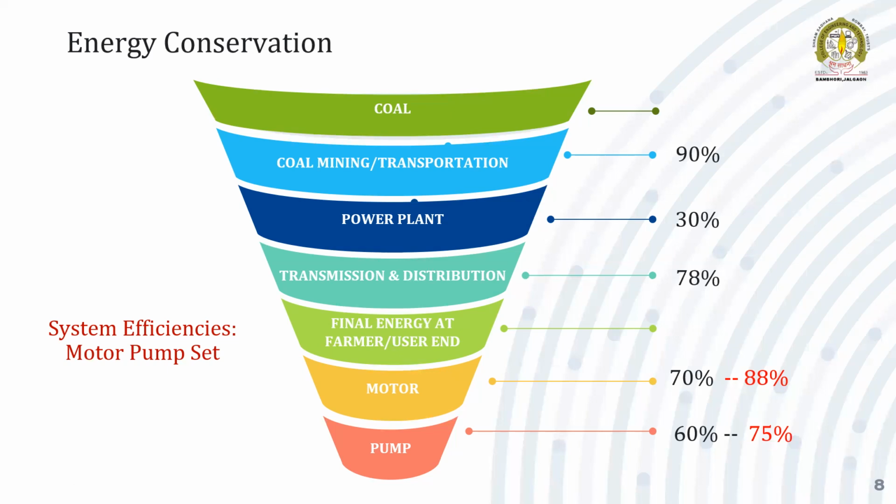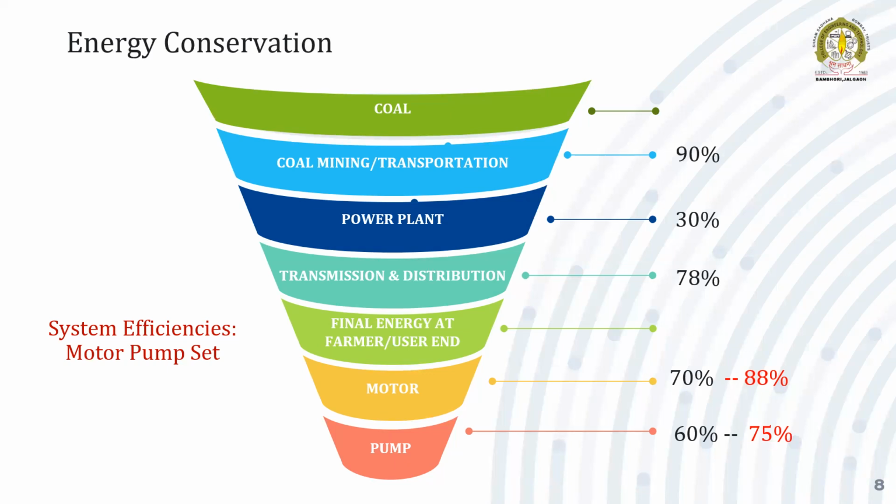Let the user be using a motor pump set. No doubt the motor efficiency is 70 to 88%, whereas the pump efficiency is 60% or 75%. So for a motor pump set, the entire efficiency becomes hardly 70%.